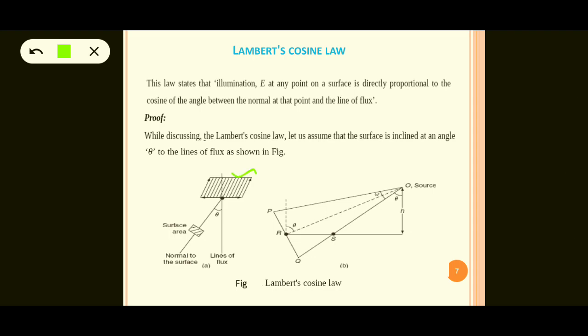Here the surface is inclined at an angle theta to the lines of flux. See this one, it is the lines of flux. It is normal to the surface area.